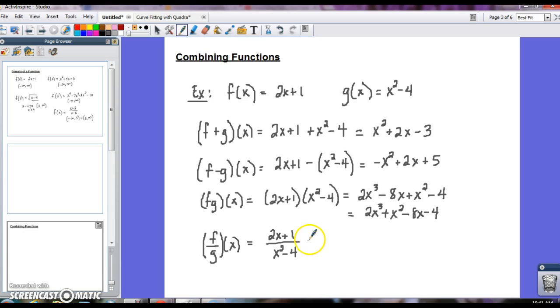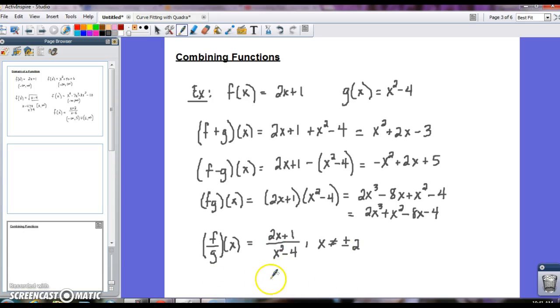And if that is in fact my function, and there's nothing that I can do with it, then that's what it would be represented as. However, you need to exclude values from your domain that cause that denominator to be 0. So you would say, well, x cannot be plus or minus 2.